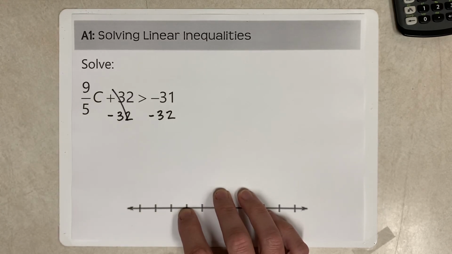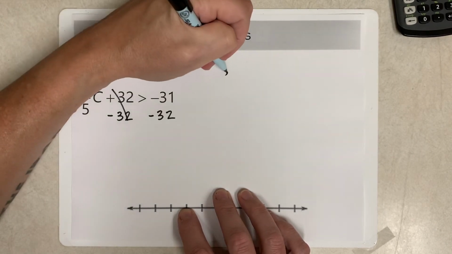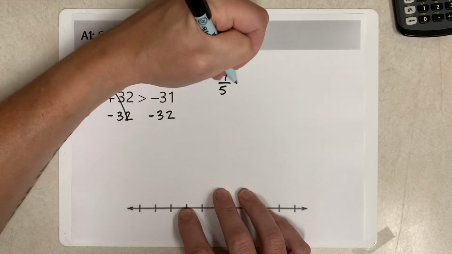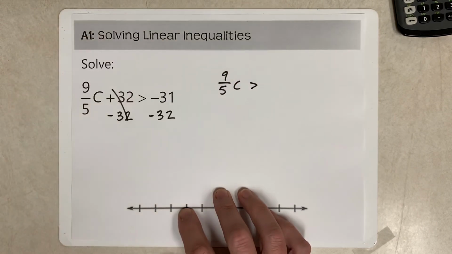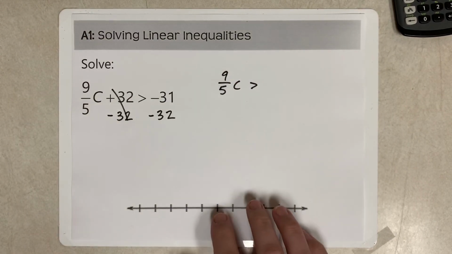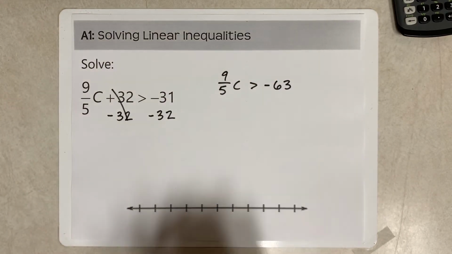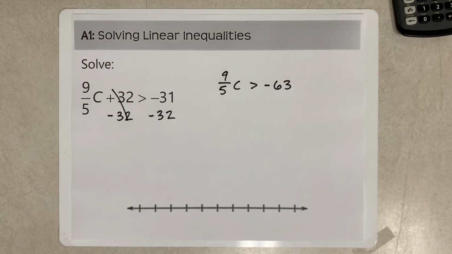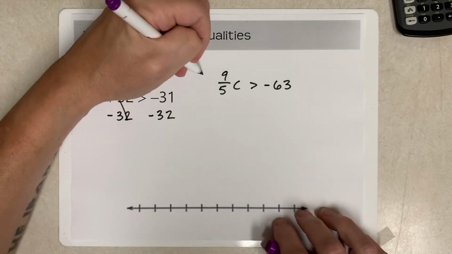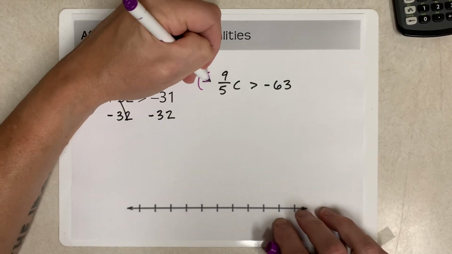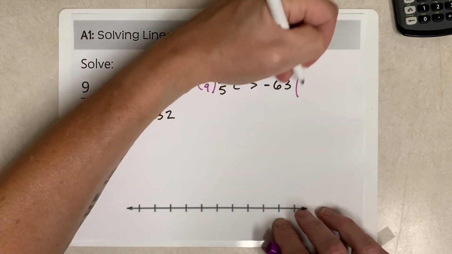So if I move that constant over, now I'm going to get 9 over 5 c greater than, and then negative 31 minus 32 is actually negative 63. Now I am free to multiply by the reciprocal. So now I'm going to multiply by 5/9 on both sides.